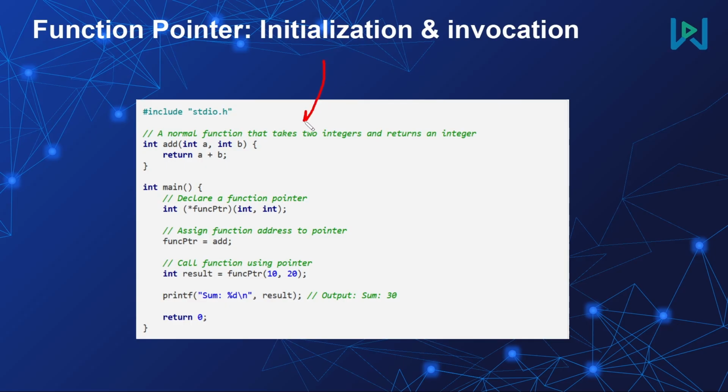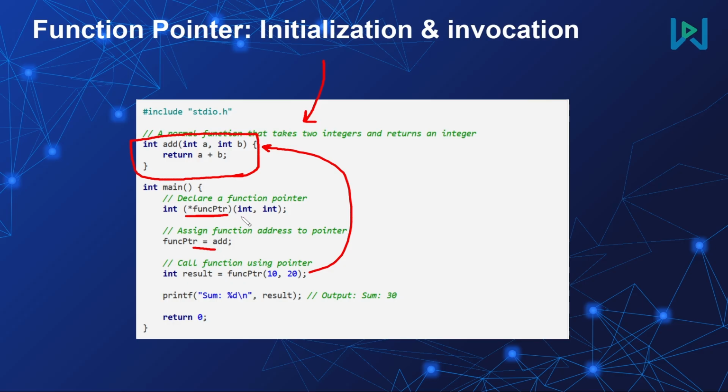Now here, this is a C code example to demonstrate how we can declare a function pointer and how we can initialize it to indirectly invoke a normal C function. So first of all, we'll start by creating our C function. Then we'll move on to declare our function pointer.